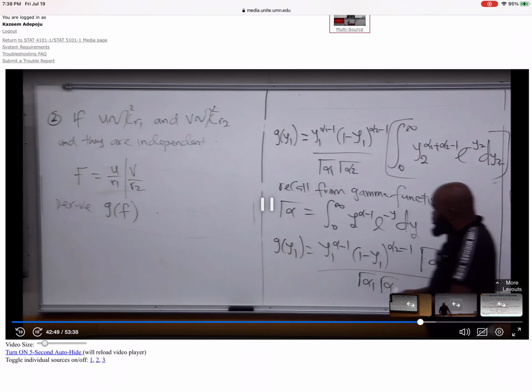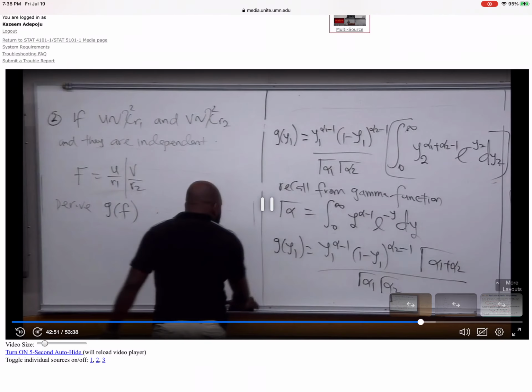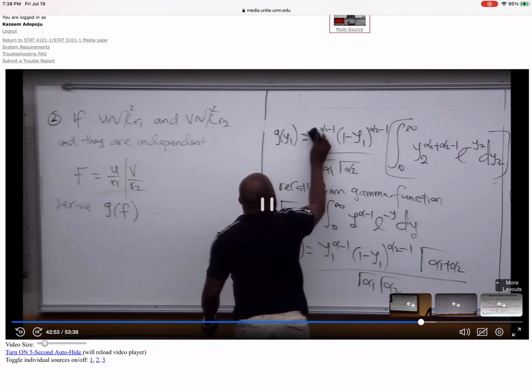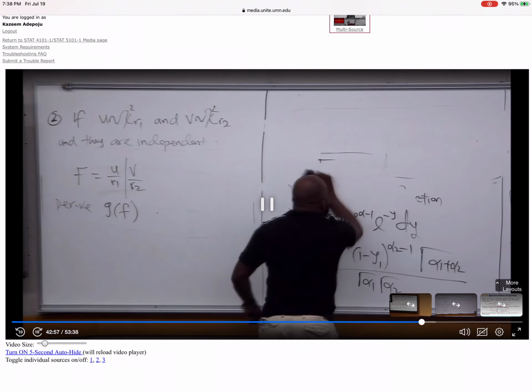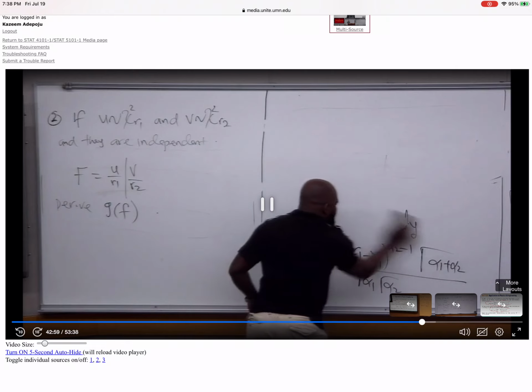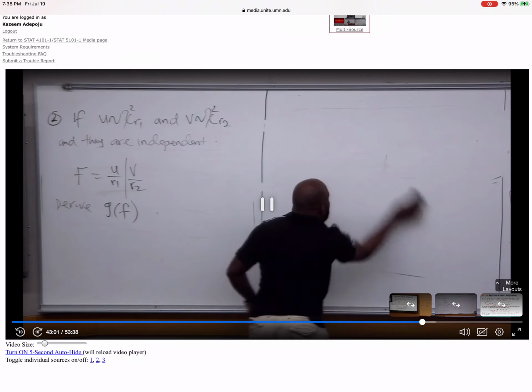Now, I'm going to show you. You want to derive the distribution for T and the distribution for F. I'm quickly going to write where we're going, what we want to derive.